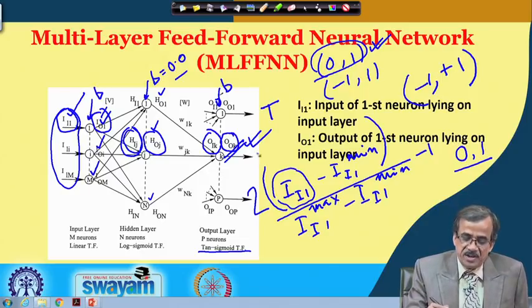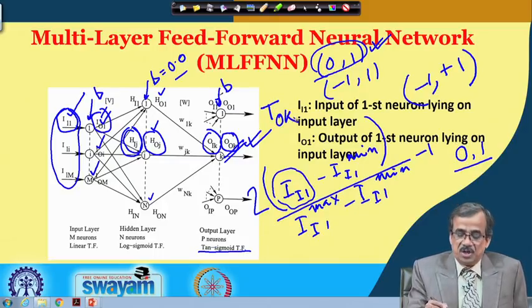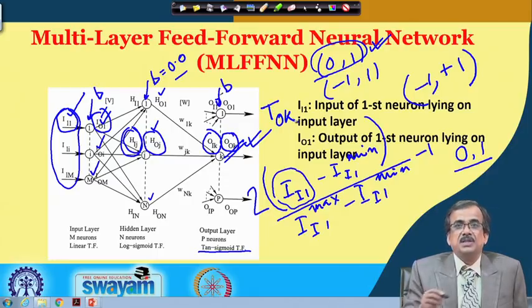That means, OOK is nothing but the calculated output of the kth neuron lying on the output layer. I can also write, TOK is nothing but the target output of the kth neuron.